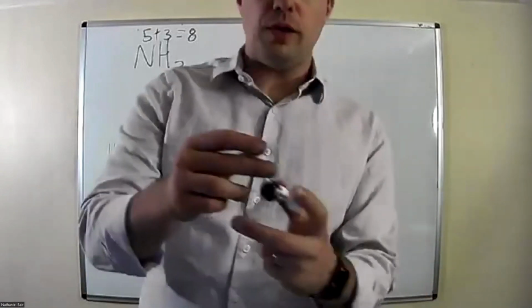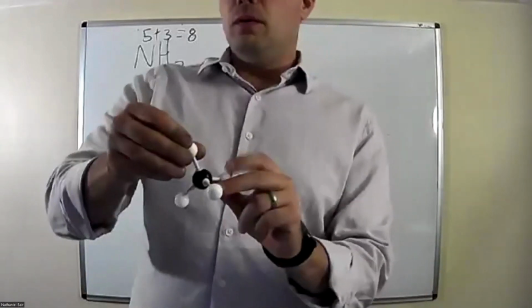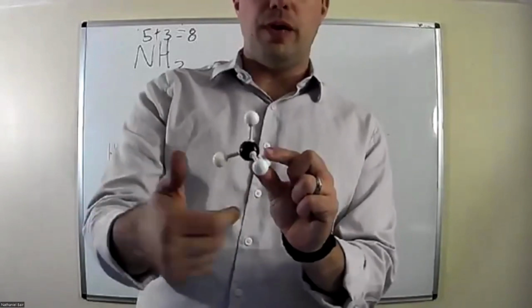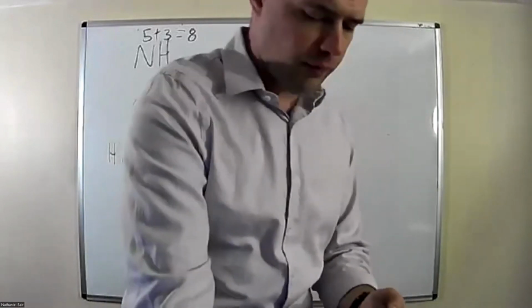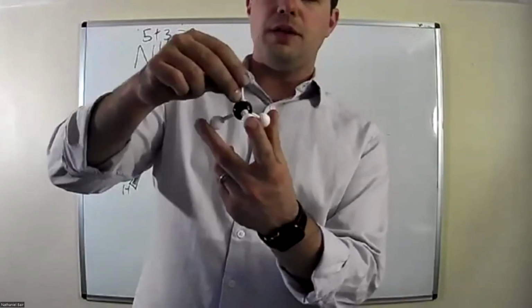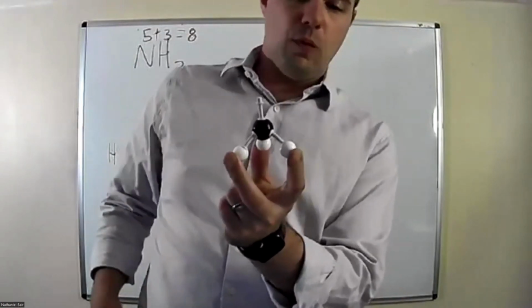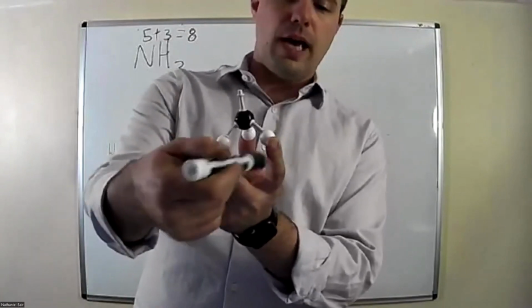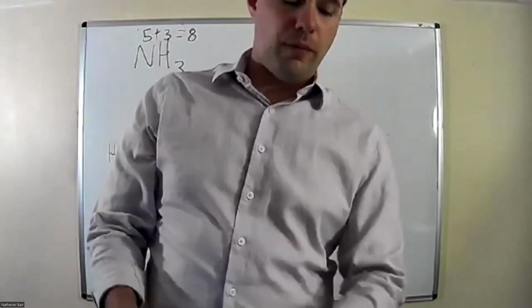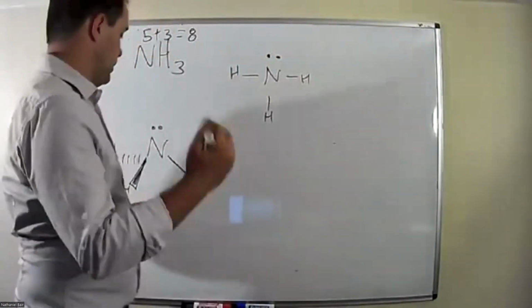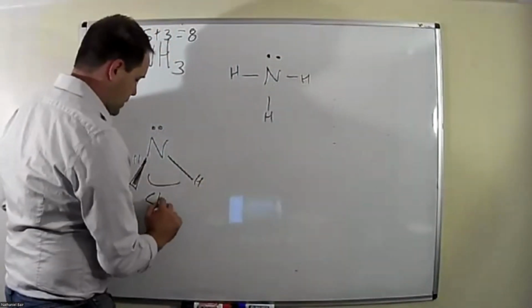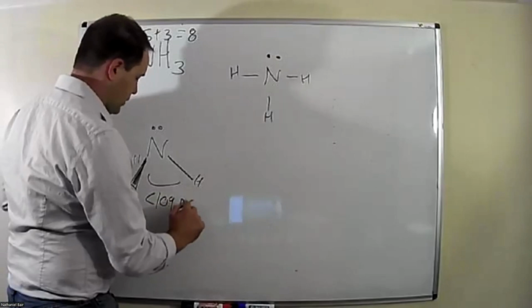In a perfect tetrahedral, all the bond angles are 109.5. But when I replace one of the bonds with a lone pair, it smashes it all down, and now I'm less than 109.5. So this bond angle here is now less than 109.5 degrees.